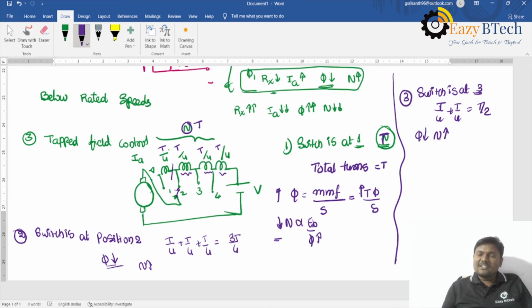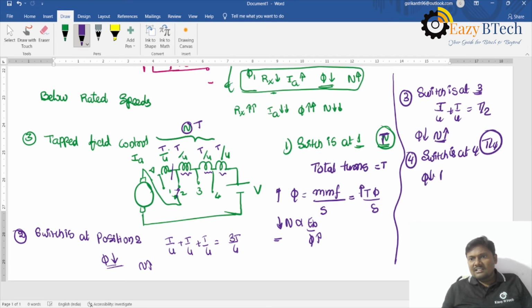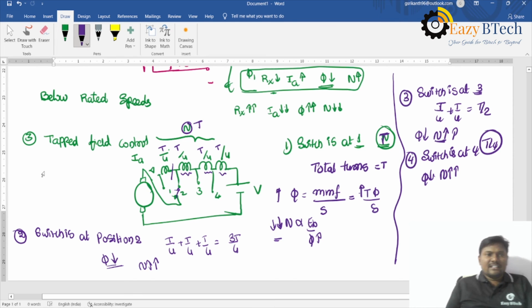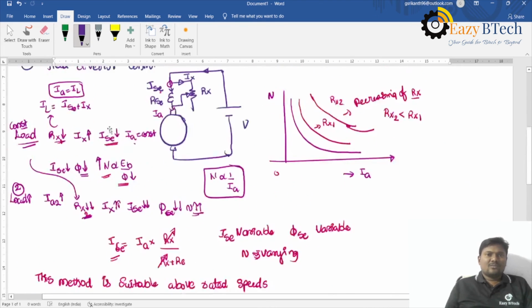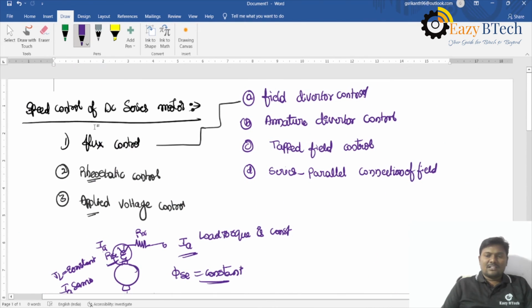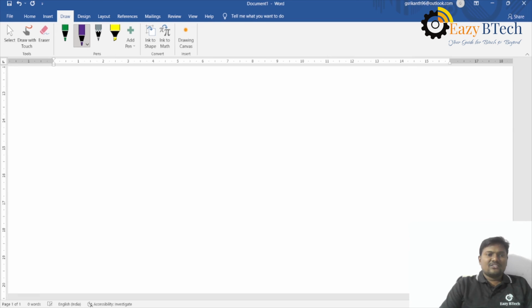The mmf decreases, so the flux decreases and the speed increases. In the fourth case, the switch is at 4, and I have only t by 4 turns, so the flux decreases and the speed further increases. By this method we can control the speed of a DC series motor.